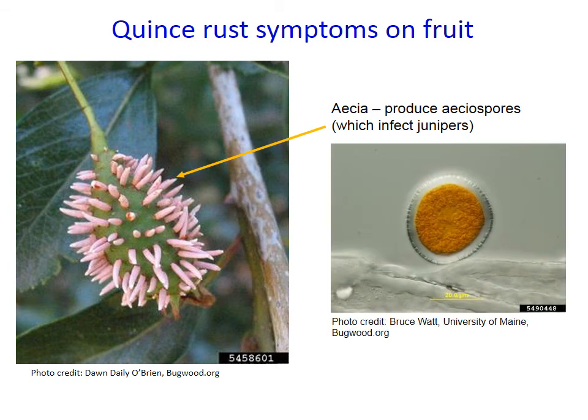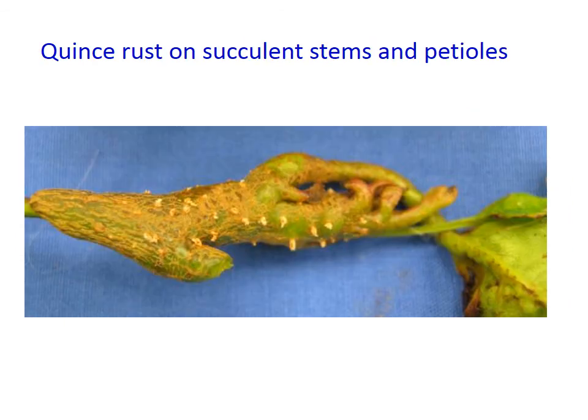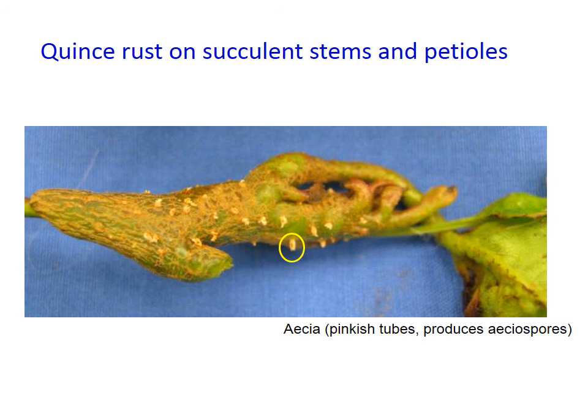Here's a really nice image of an aciospore in the microscope. Here are some symptoms of quince rust on the thorn of hawthorn, causing some swelling and distortion there. And here we have some quince rust causing swelling and distortion on succulent stems. It also occurs on leaf petioles. And here is one of those aecia, one of those pinkish tubes that produces the aciospores, which again go back to the juniper.